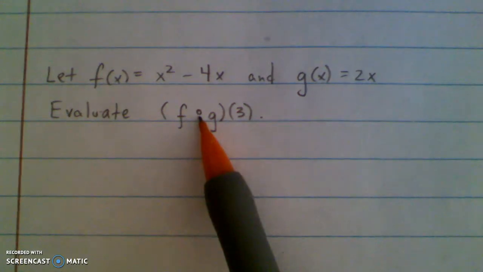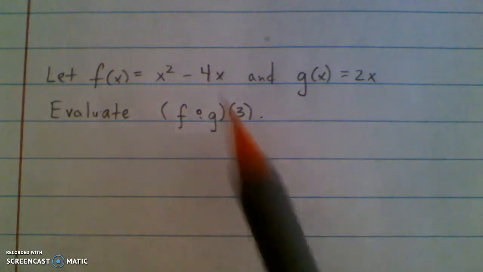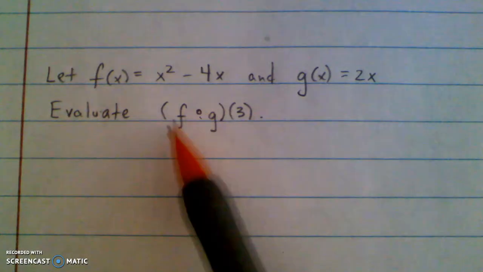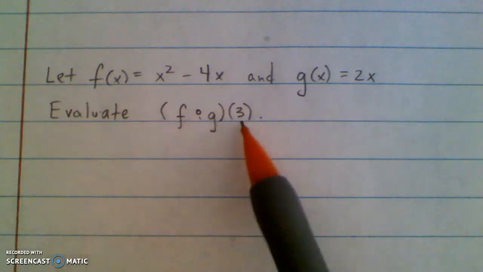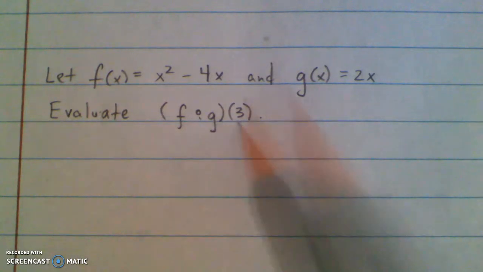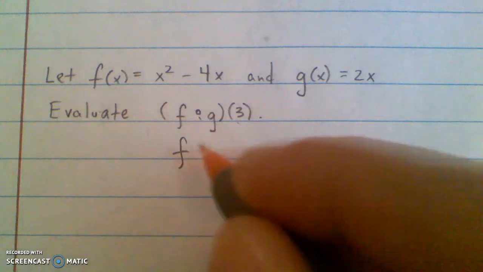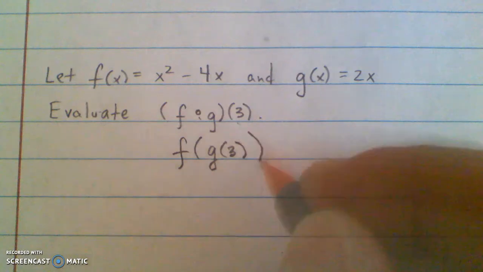Or some people mistake it for an O, and they want to say fog. It's not the word fog either. It's a small open circle. So what this means again is f of g of, in this case not x but 3, which really means, kind of like we just saw, f of g of 3.